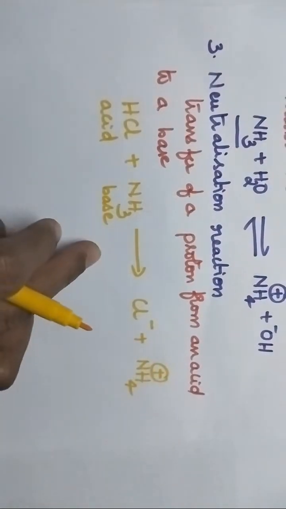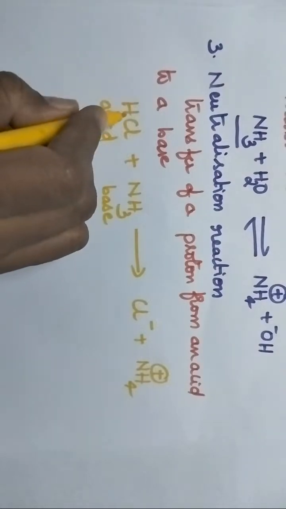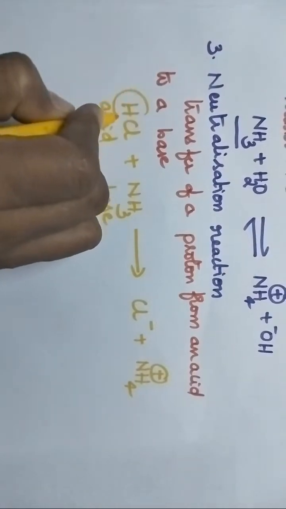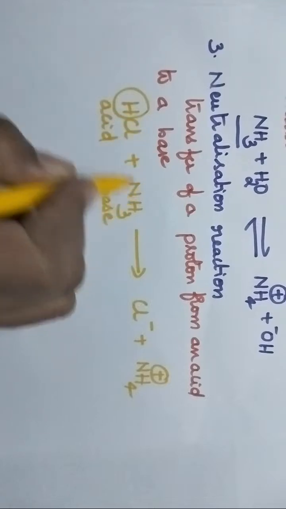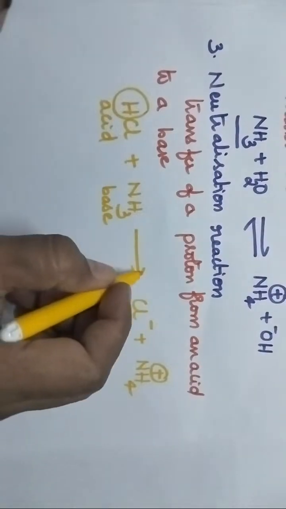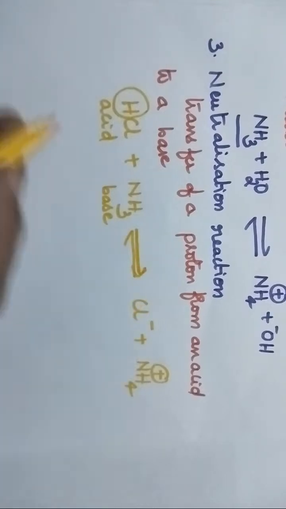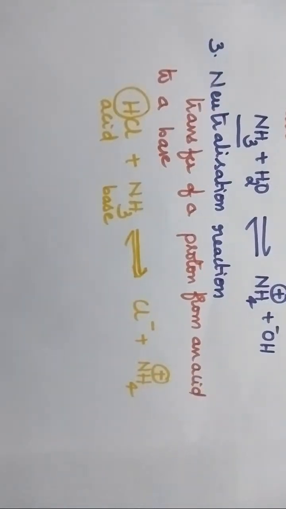So this is a good example for neutralization reaction which involves the transfer of a proton from an acid to a base. Clear? And always remember, acid base reactions are reversible.